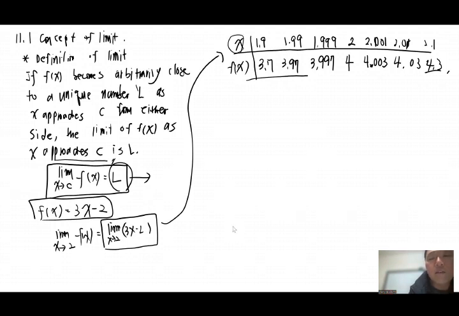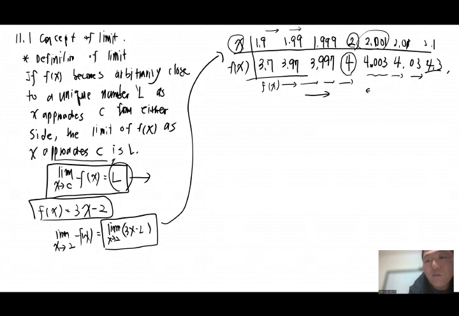As x becomes bigger and approaches the number 2, you can see f(x) becomes bigger and gets close to the number 4. Once you pass through the x value 2, f(x) becomes bigger, and the difference between the adjacent number and the number 2 becomes bigger too.